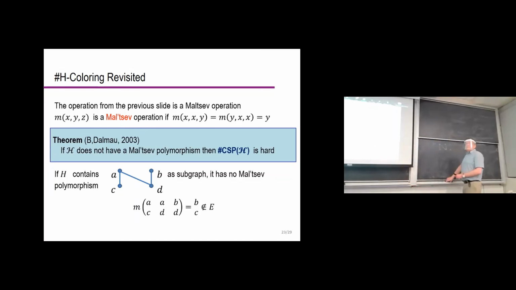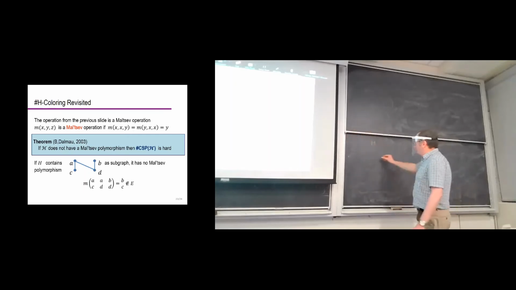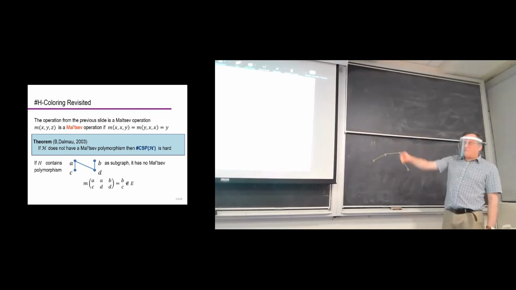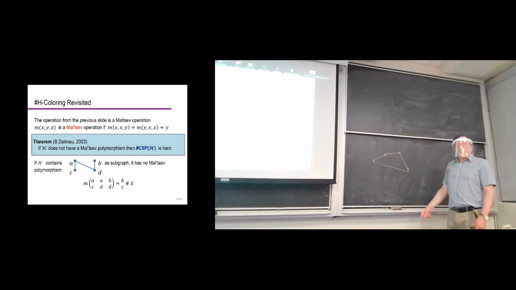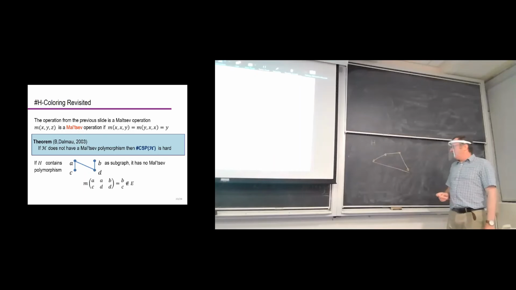So suppose it's non-bipartite. What can I have, assuming that my graph has a Maltsev polymorphism? It means that if I have a three path, like that, I have to have this edge as well. If I have a Maltsev polymorphism, a three path means that I have to have this edge as well. Okay, good.